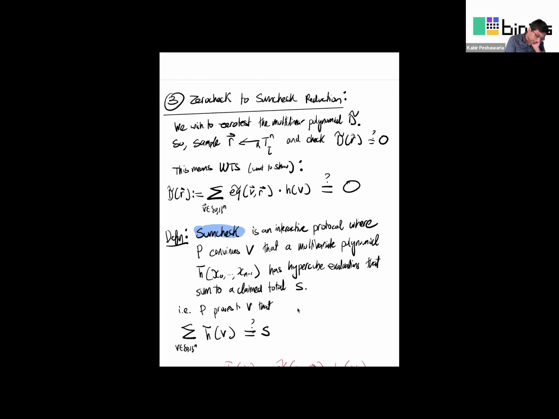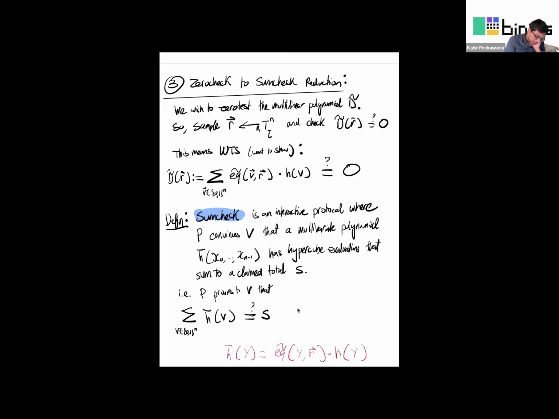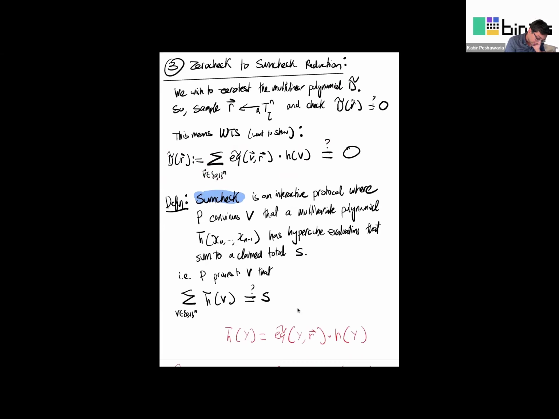And we're going to check whether this multilinear polynomial evaluated at this random point is in fact equal to 0. That means what we want to show is that this expression is equal to 0, because these two things are equal. If this expression is equal to 0, that's the same thing as saying that this is equal to 0.